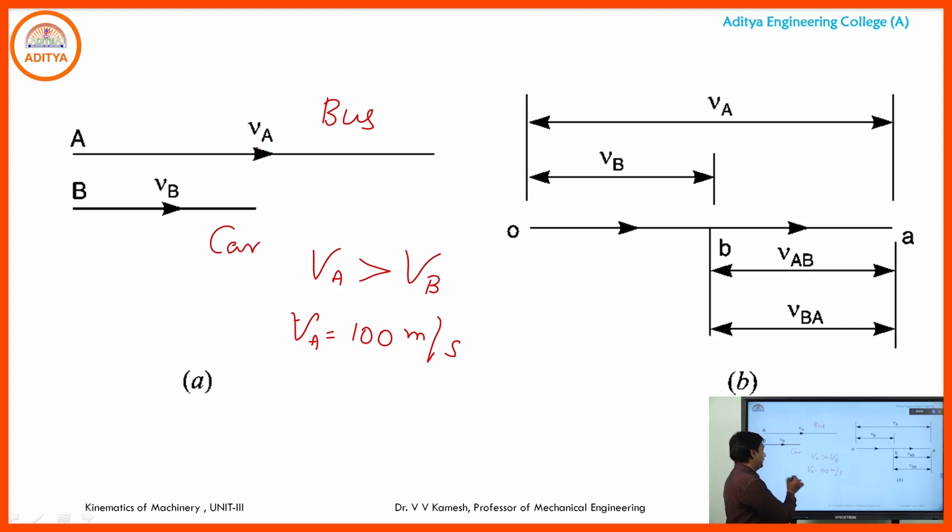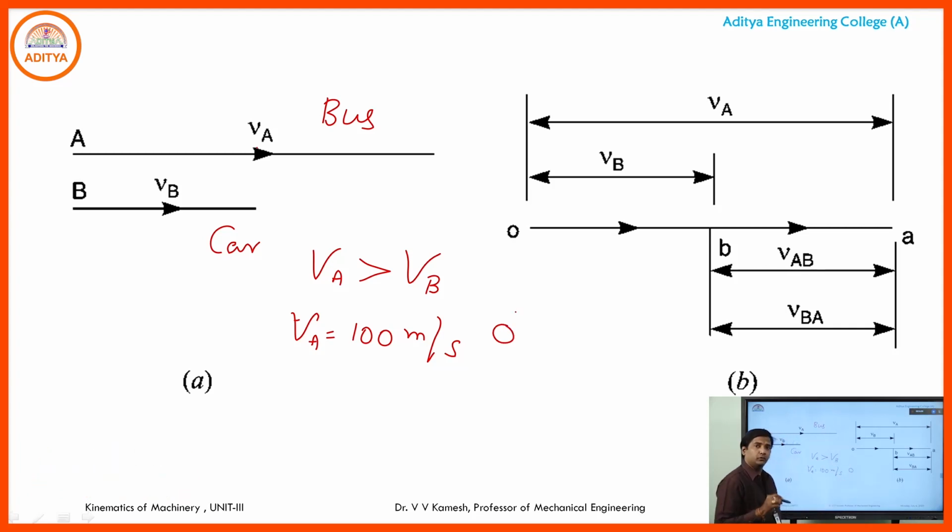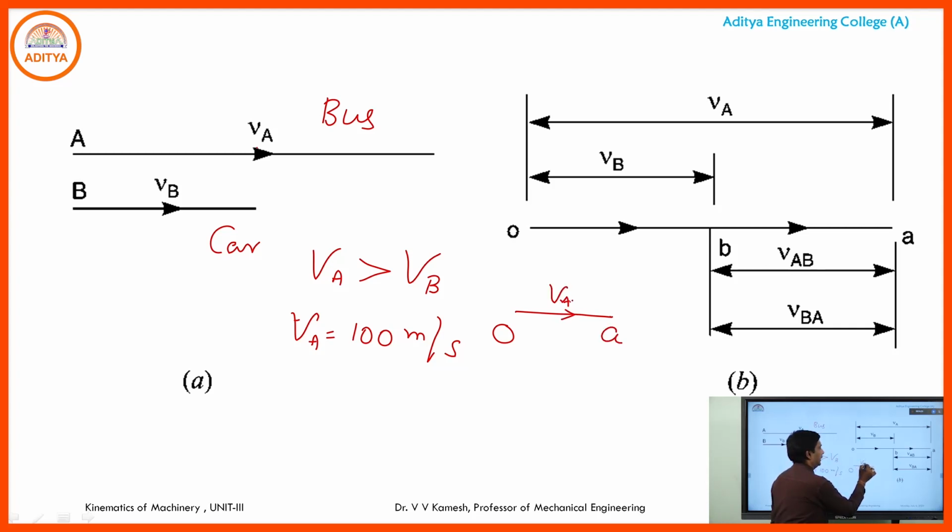This standard element is O, one standard point taken as the center. From O, we are representing the velocity of A and the velocity of B. So, from O, VA is 100 meters per second, represented as OA, and this we are calling VAO.